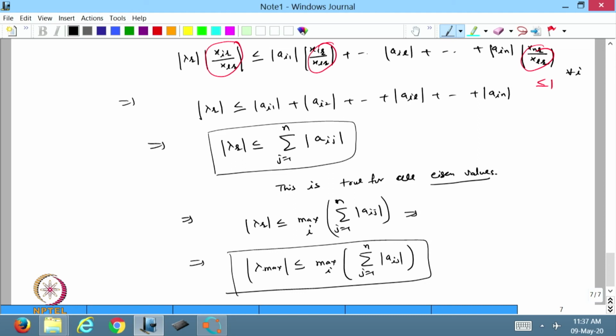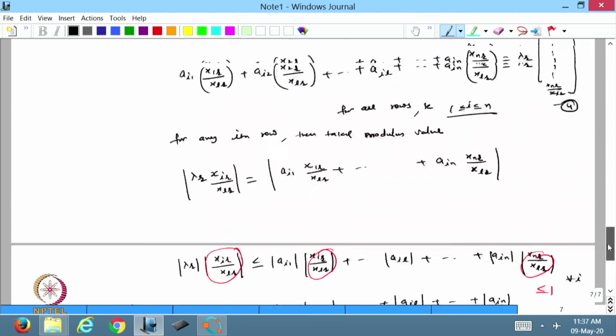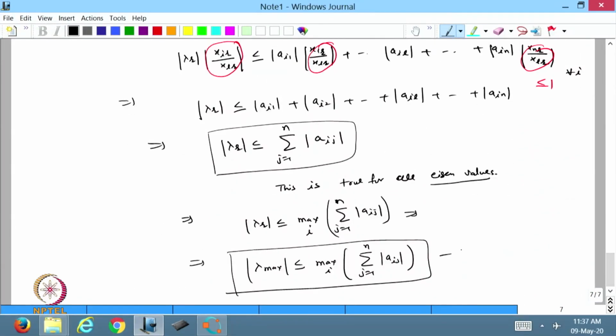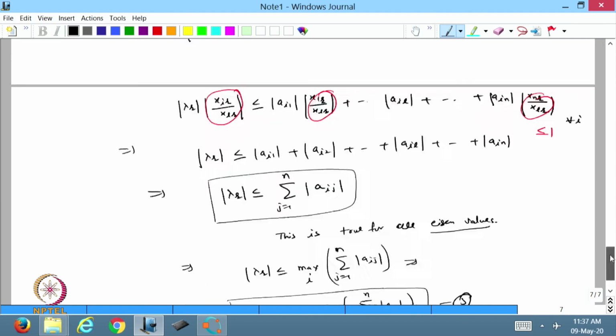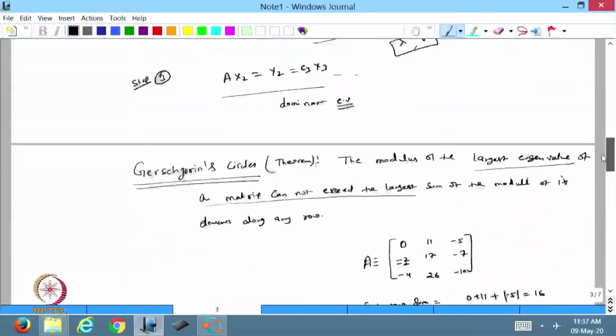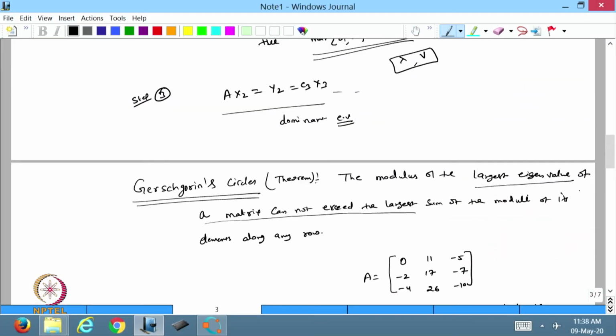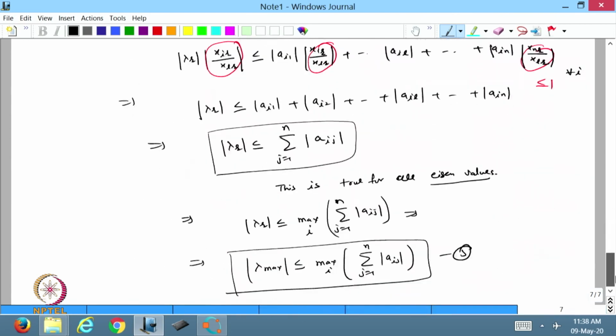I will choose the maximum eigenvalue in the modulus. So, that will also be less than or equal to this value. So, that I can write as a fifth equation. So, from the fifth we can say whatever we wanted to show, that the modulus of the largest eigenvalue of the matrix cannot exceed the largest of the row sums.